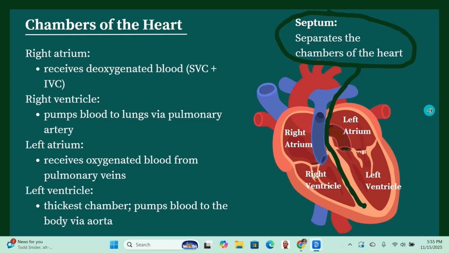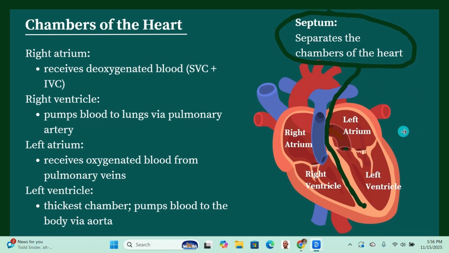And then we have the pulmonary vein bringing the oxygenated blood back into the left atrium. It gets pushed down into the left ventricle and gets pushed back out into the aorta. It's oxygenated, ready to go take action and go out to the rest of the body. So that's how it goes. In, out, in, out. All right?